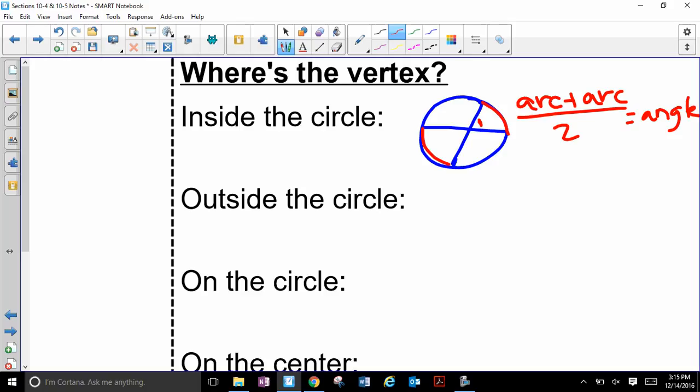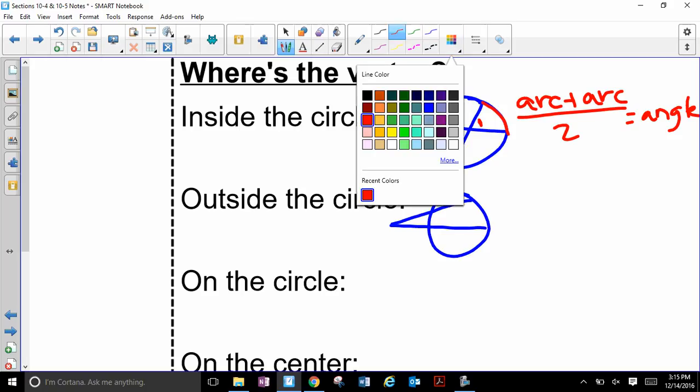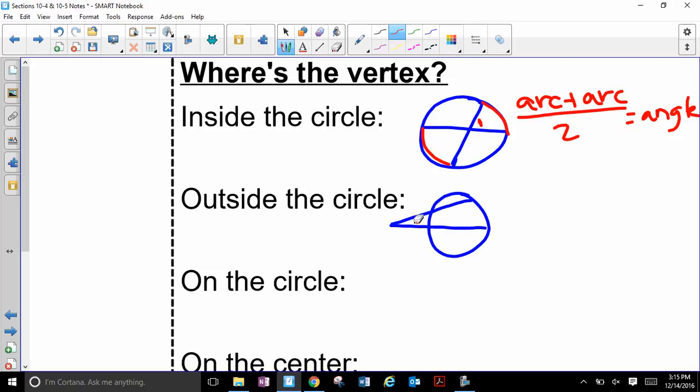Okay. If the vertex is outside of the circle, so that was the last one we just did, and I'm finding angle 1 here, then I find the 2 arcs here and here, and you would subtract them. Arc minus arc divided by 2 equals the angle.